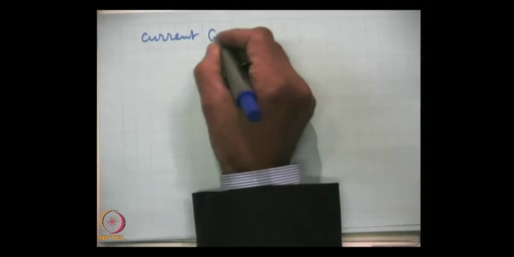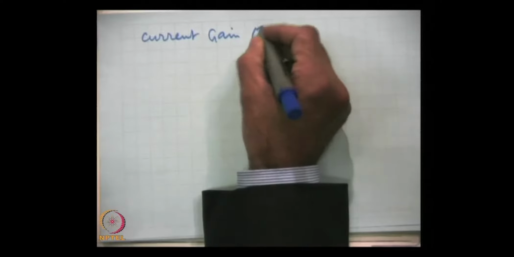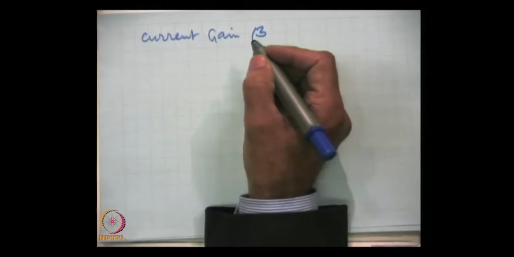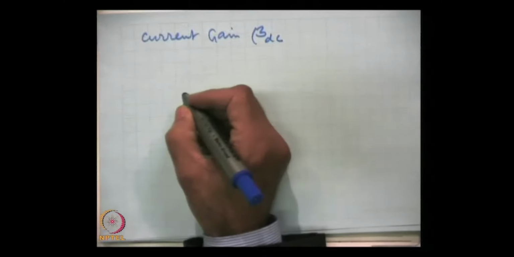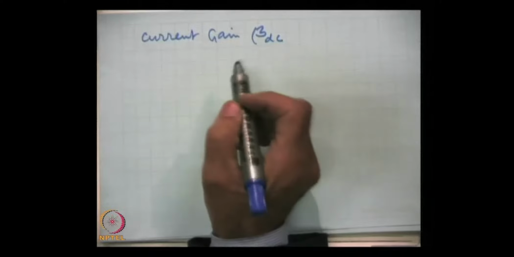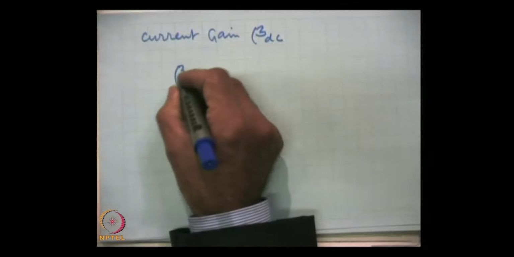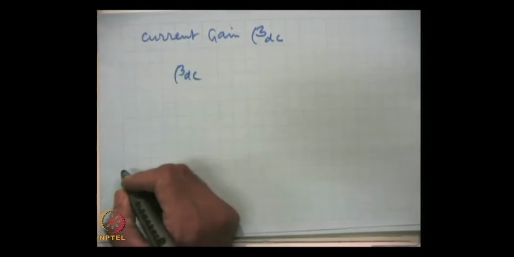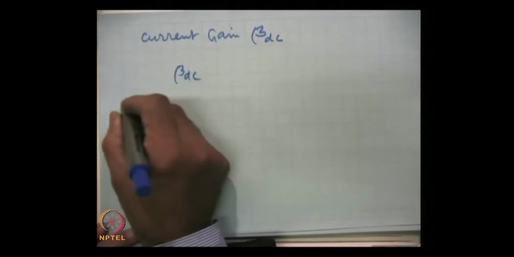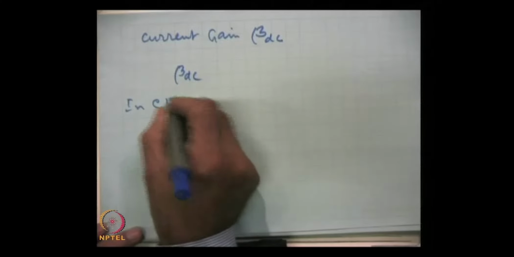Then there is another current gain which is called beta. As we are discussing the case of DC, we call it beta DC, and beta DC is the current gain in the common emitter circuit.